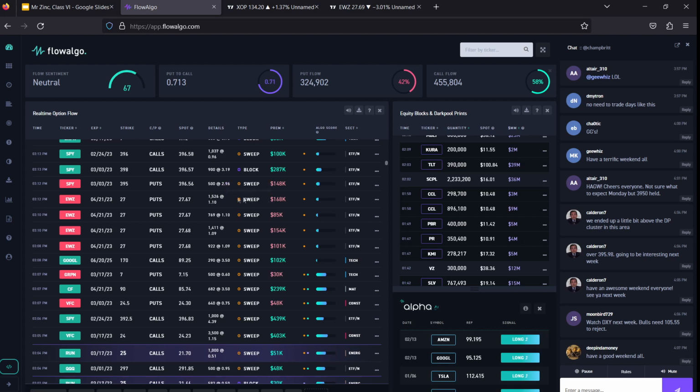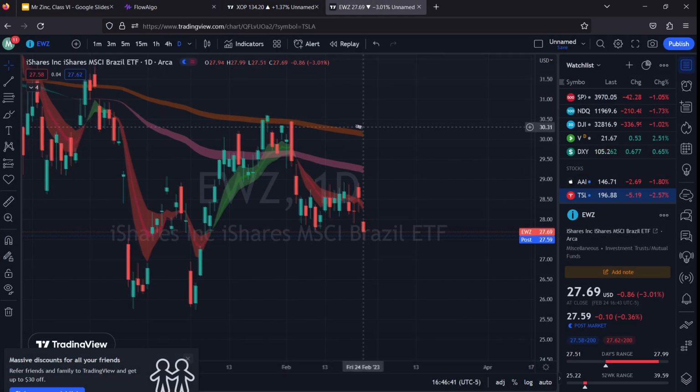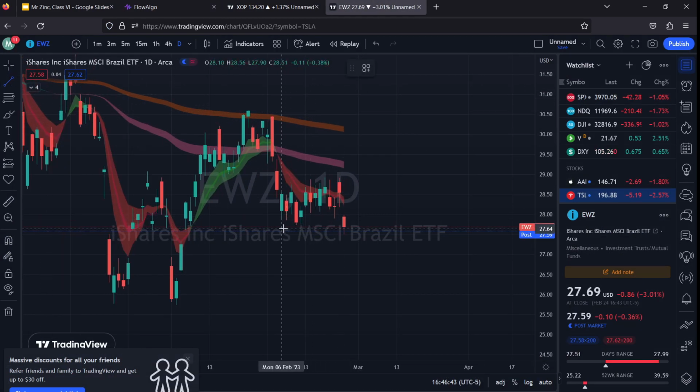All $27 puts. They put in multiple orders, probably need to get money free to place these orders, so that's why they're in 4 different blocks. And then they swept all exchanges to get these fills, and then you come over to your chart and you can see, hey, looks like we might be breaking out of a bear flag here.